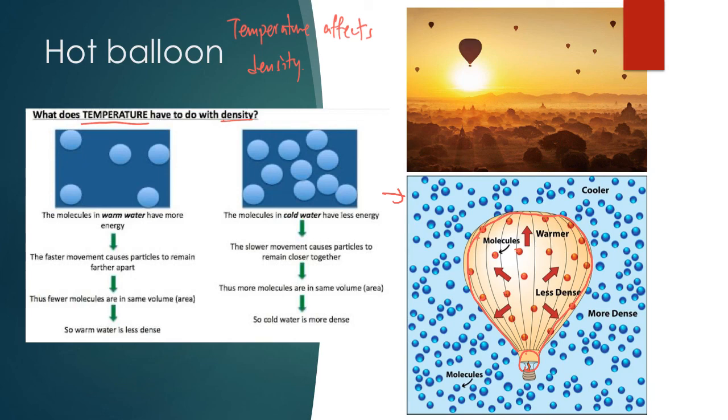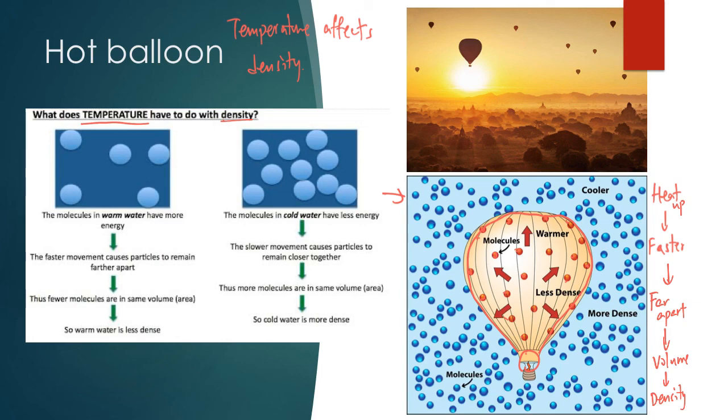That's why they move more quickly, faster. And when they move faster, they are farther apart from each other, and that's why they take up more volume. So eventually, of course, the density decreases. As we've mentioned in the last slide, when the density decreases, it will float. Okay, that's why the hot balloon can rise.